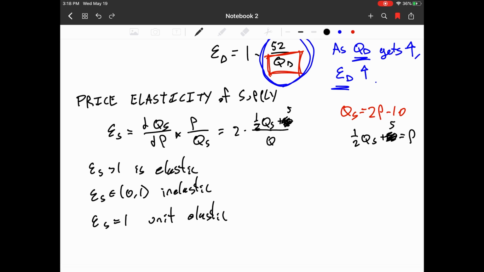And then we divide it by QS. Okay. So first, we'll break this into 2 parts. We have 2 times 1/2 times QS over QS, which is just 1, plus 2 times 5 over QS. So that's going to equal 1 plus 10 over QS. All right. And this is our elasticity of supply.